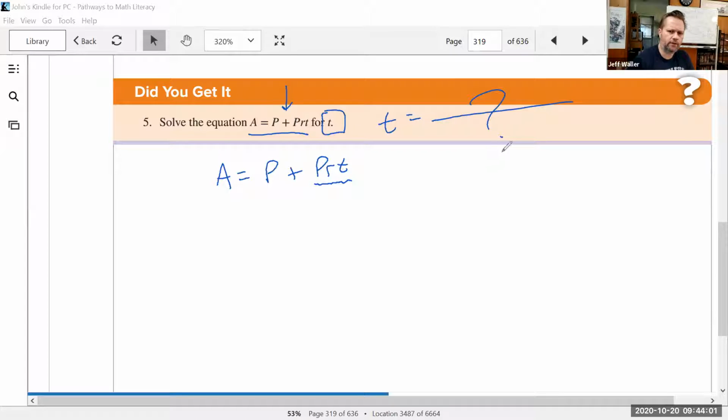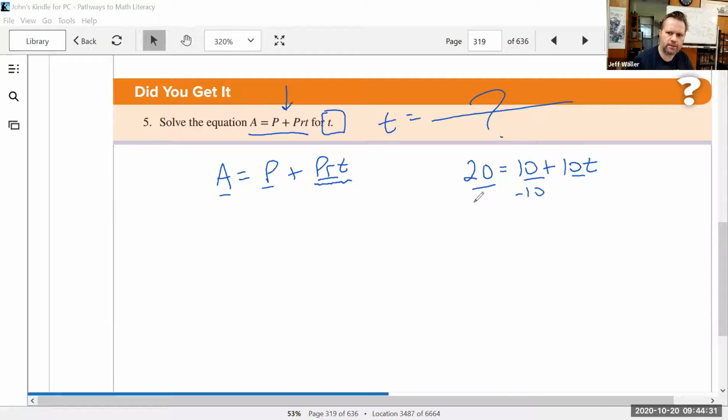So if you're having any trouble with this, I like to do this kind of thing. Can you guys see how that's the same equation? So I just made A 20, I made P 10, and I made R 1. Same equation. How would you solve for t over here?